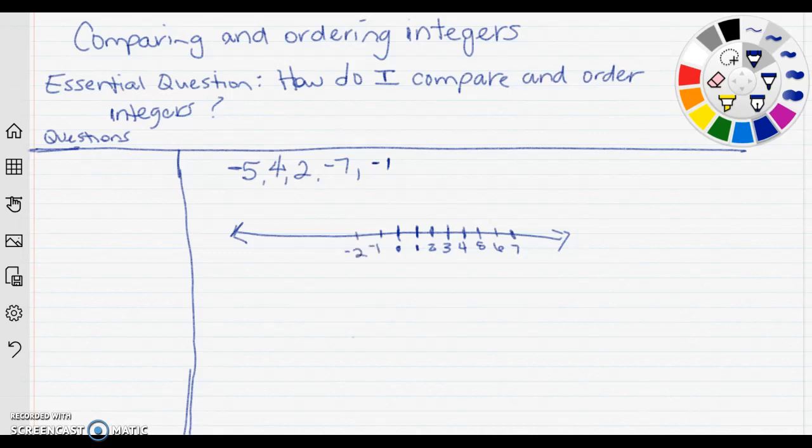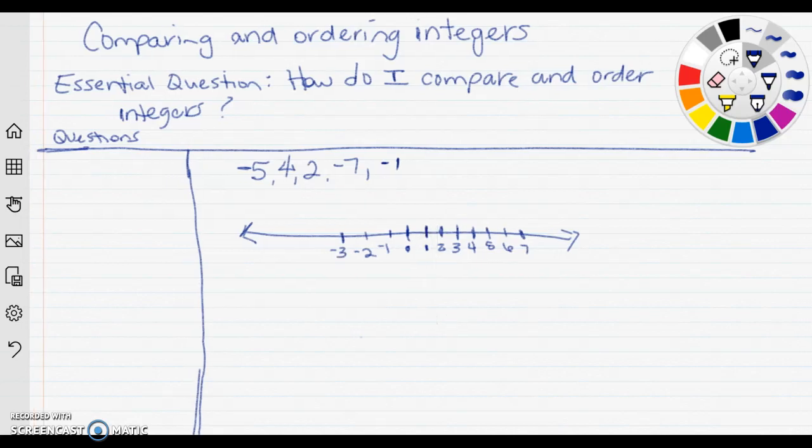All right, so let's finish our number line. Okay, so there's my number line. I only went to sevens because my biggest number is a 7 in here.